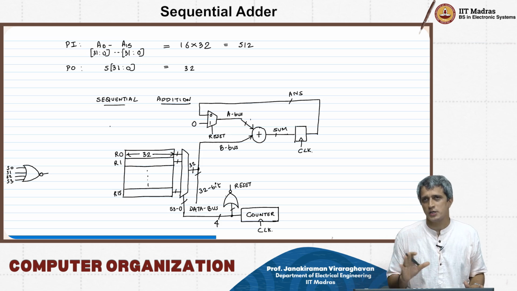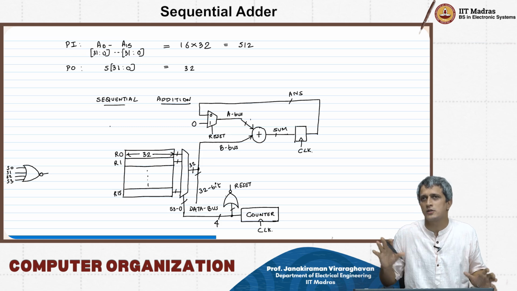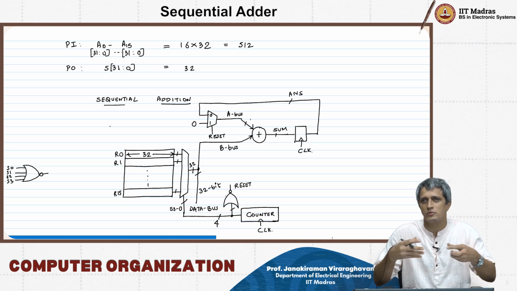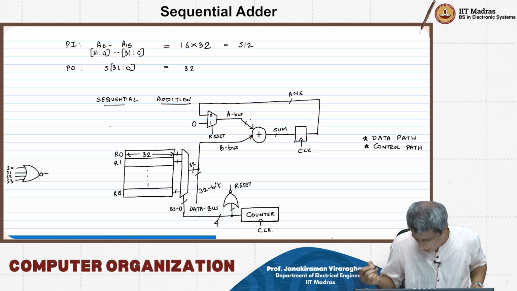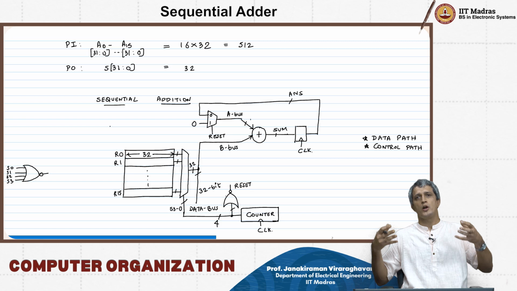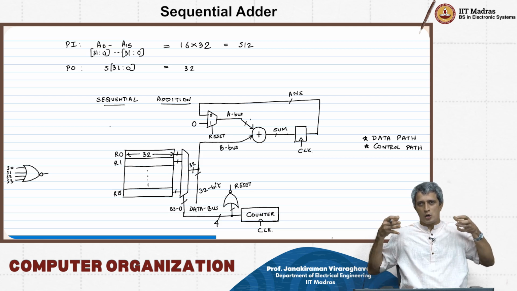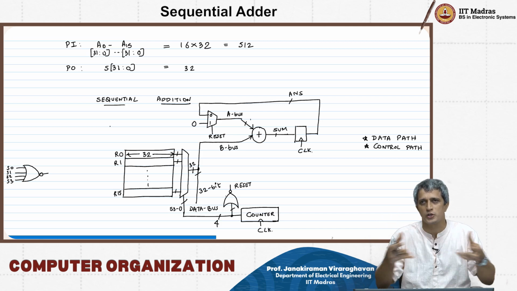So what we notice is there are two kinds of signal paths here. One is a data path and the other is a control path. The control path is going to control the flow of execution of this unit.